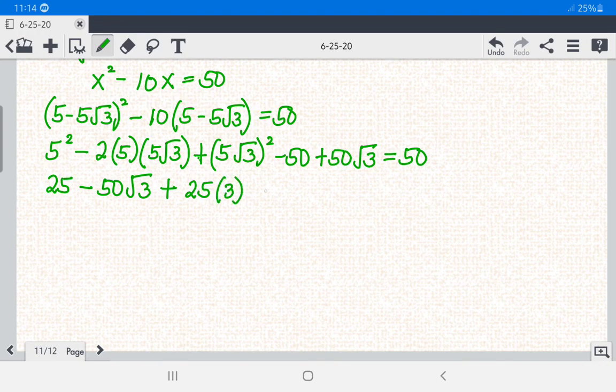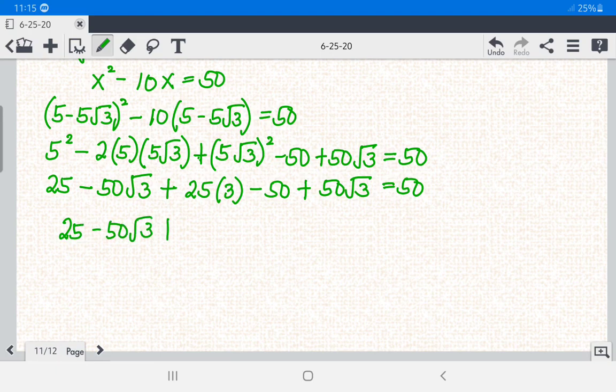Then, minus 50 plus 50 square root of 3, then equals to 50. Then, let us now copy 25 minus 50 square root of 3 plus 25 times 3, we have 75, minus 50 plus 50 square root of 3, then equals to 50.